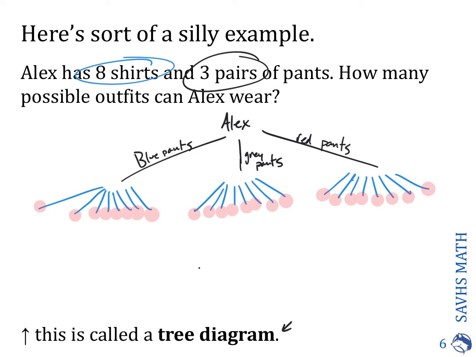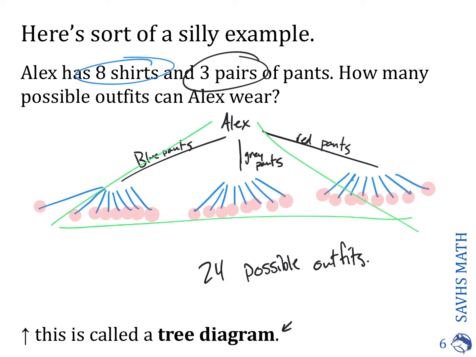This is called a tree diagram because if you see this, it's sort of vaguely tree shaped. You know, there's my tree stump.